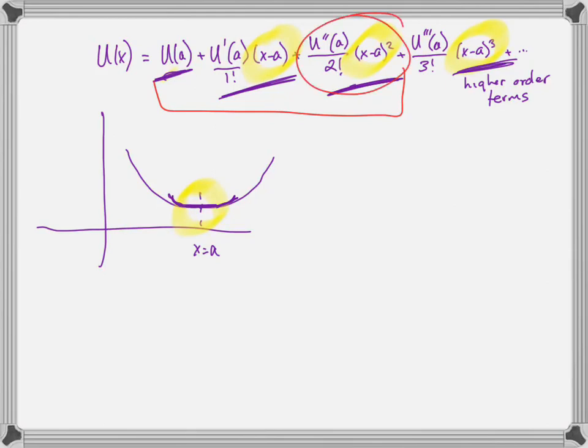The farther out we look, the less it may look like a parabola if it's not a parabola. But as long as we focus in, every curve looks like a parabola. That's what the Taylor series expansion tells us. So we can approximate every potential energy function as long as we're close to the bottom of that well, and even if it's not a parabolic function, we can still approximate it as a parabolic function.